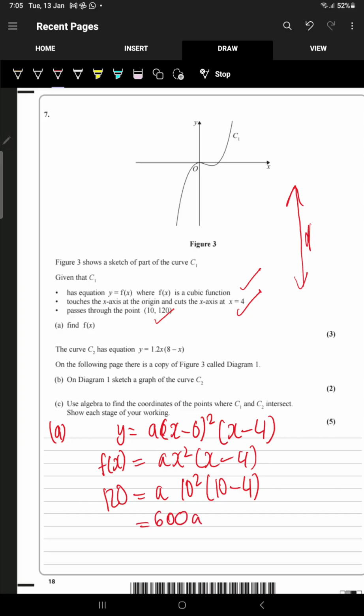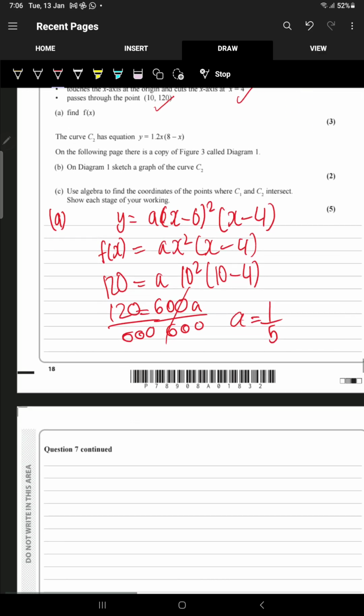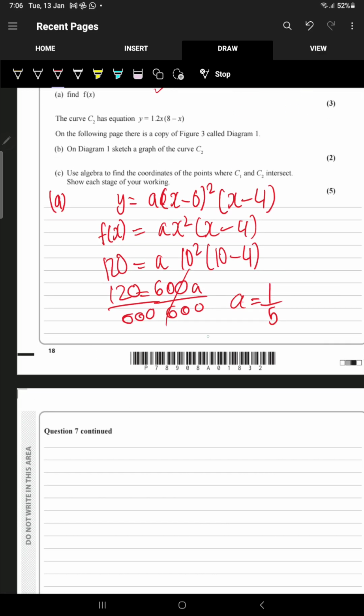So a is going to be 120 over 600, which is 1 over 5. So f(x) is going to be 1 over 5 x squared times x minus 4.